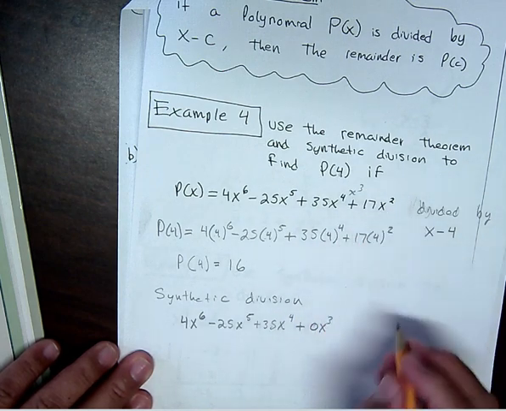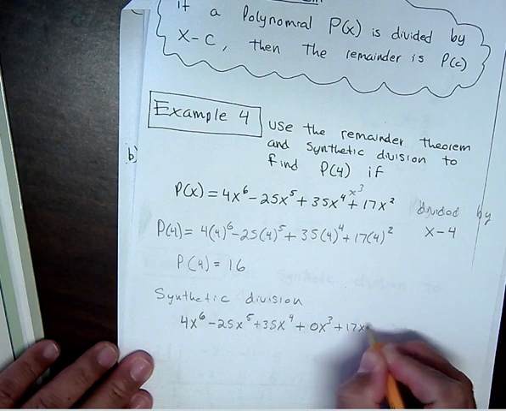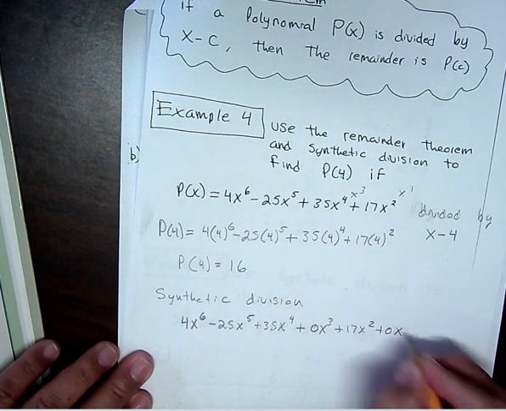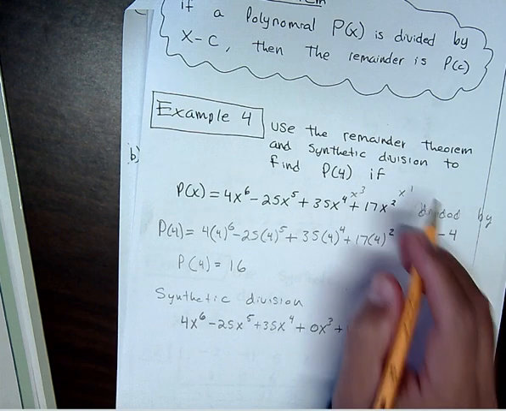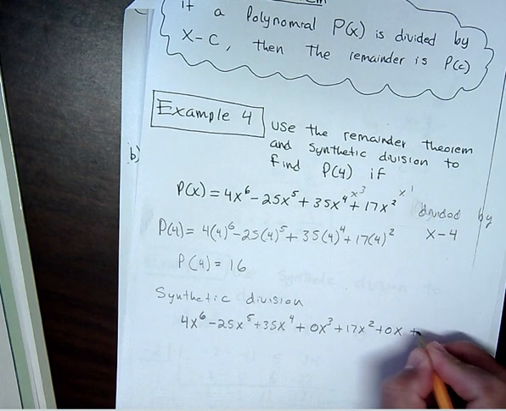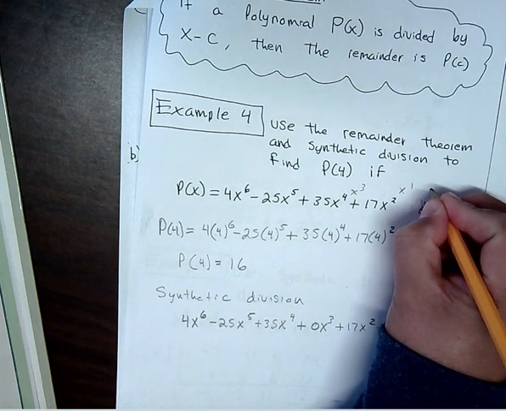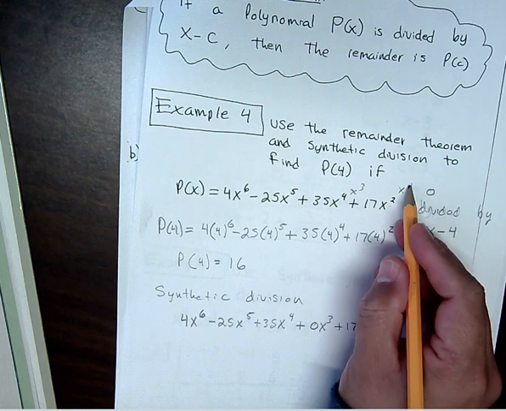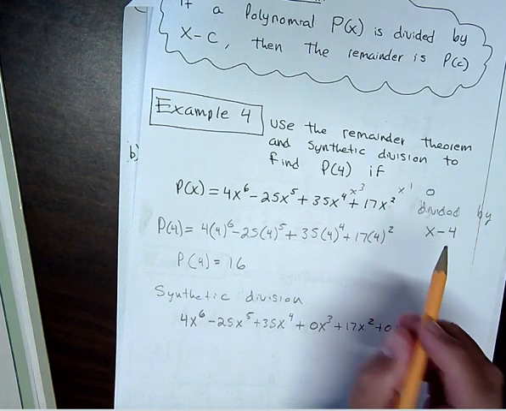Then 17x squared, and then we're missing x to the 1, so we're going to put 0x. And we don't have a number at the end, so I'm going to put a 0.